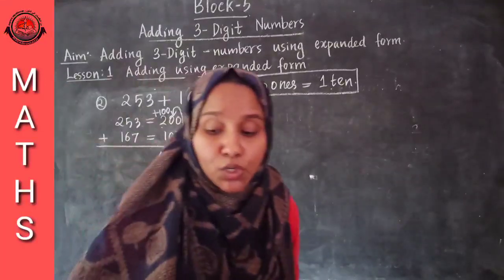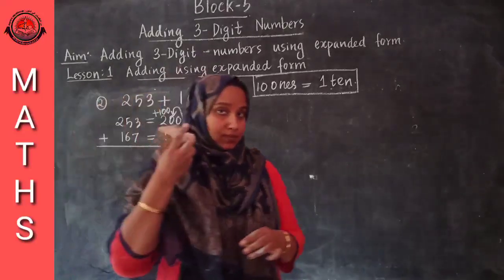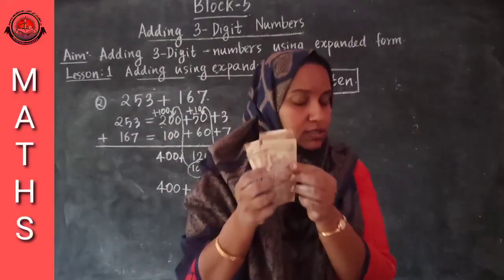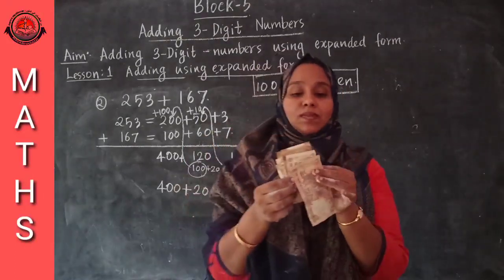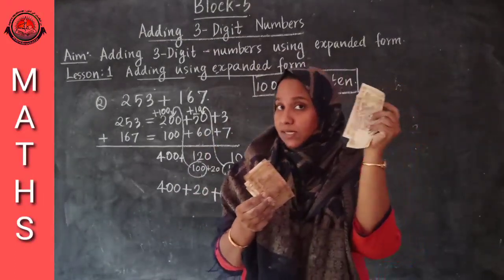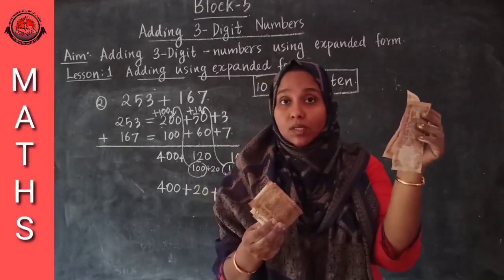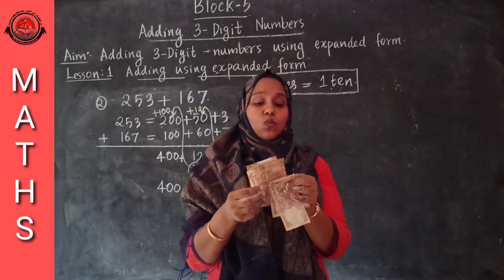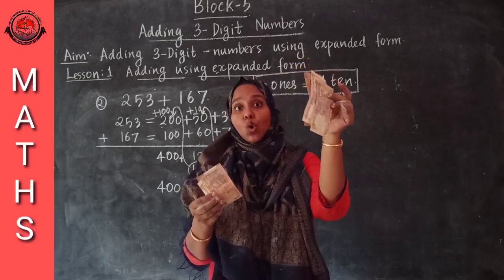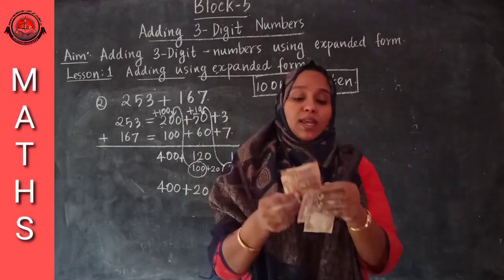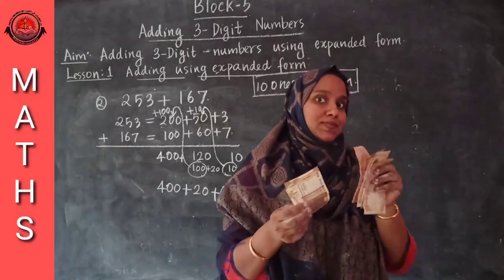Children, I will show you some 100 rupees notes with me. Next, 10 rupee notes. 2 tens are here. What is the amount now? 20 rupees. Then one more, so 30. 3 tens are here, so 30 rupees. The next one more 10, so 40 rupees.